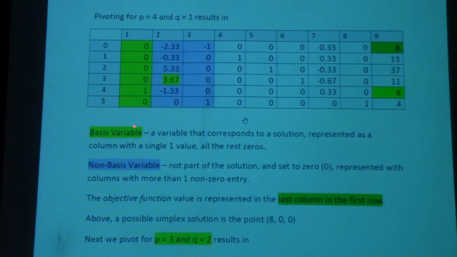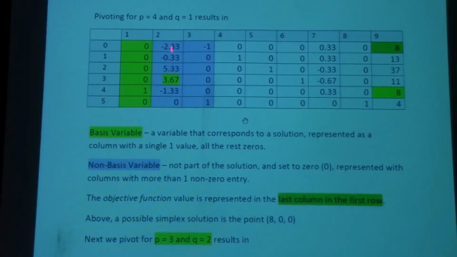So, basis variables are variables that correspond to a solution represented as a column with a single 1, all the rest zeros. Because we have a 1 only in one of the columns, and the column is the x1 column, we say x1 is in the basis. x2, nope. x3, nope, because we got that.